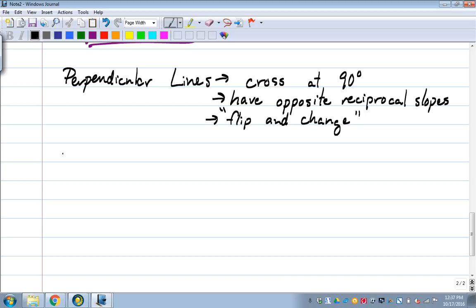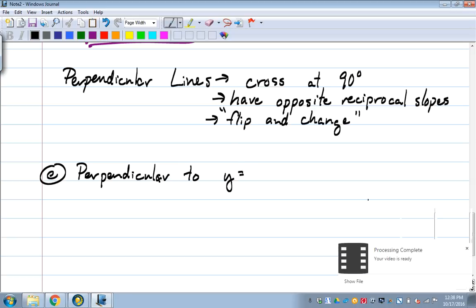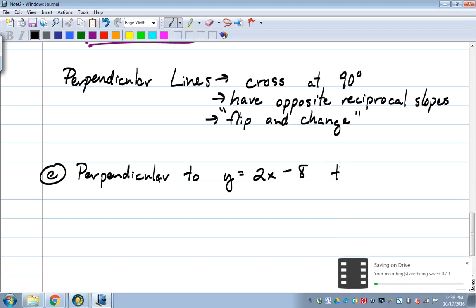So let's just look at some examples. Example E, perpendicular to y equals 2x minus 8 through (0, 4).